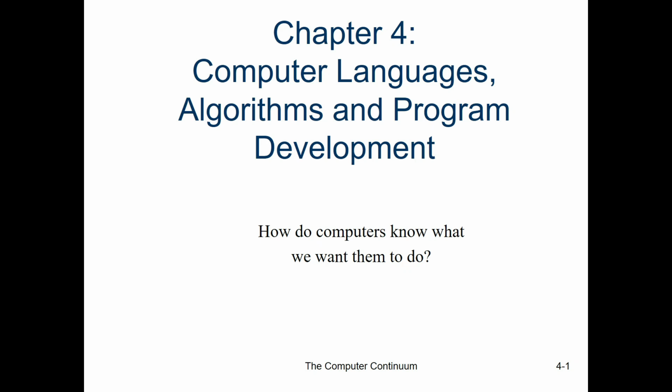The main question you need to ask yourself here is: how do computers know what we want them to do? How do computers come to the conclusion that whenever we instruct them to perform certain actions, let's say whenever we click on a word processor like Microsoft Word, how do they know that they need to open this application, and then if the user types in something, they need to show that to the user?